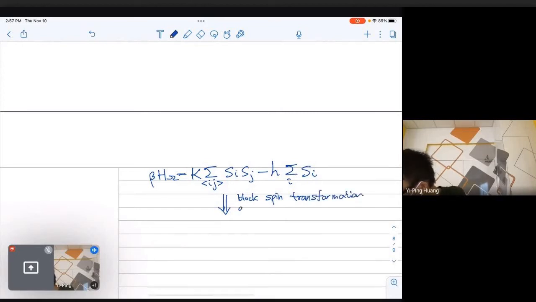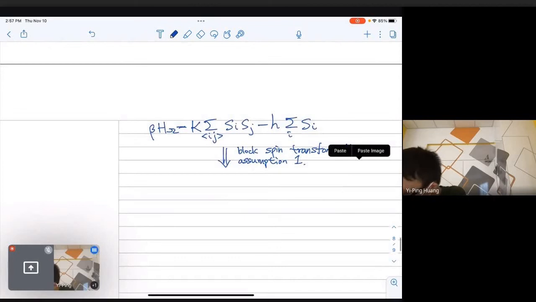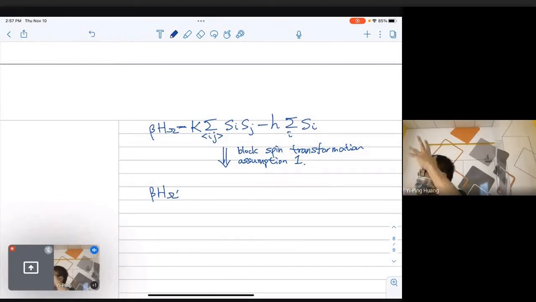And following assumption 1, we will get another Hamiltonian, but now it's called omega prime because the system is changed a little bit.